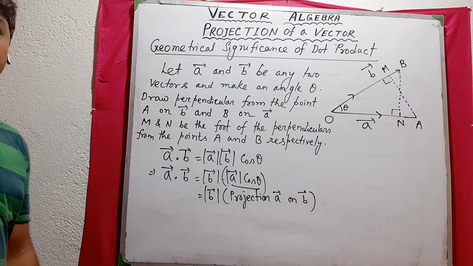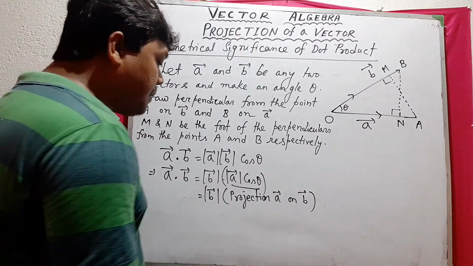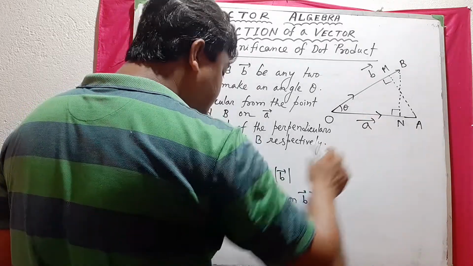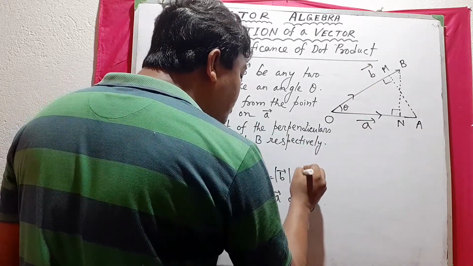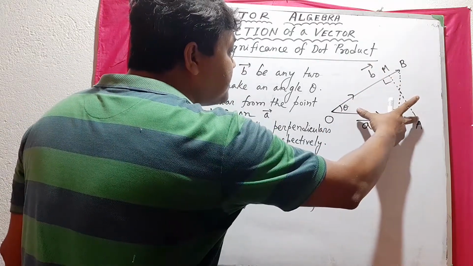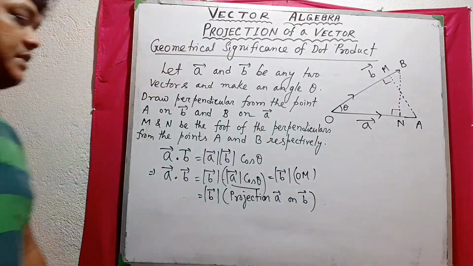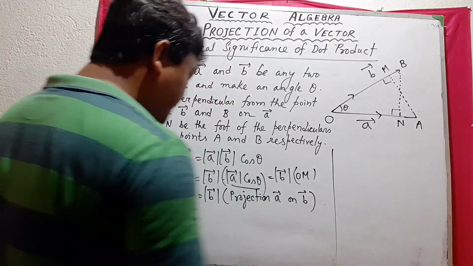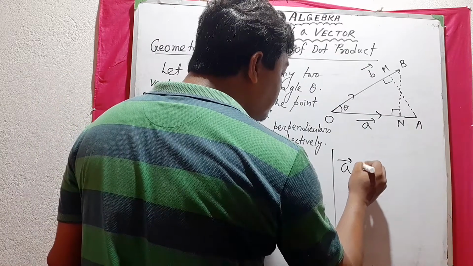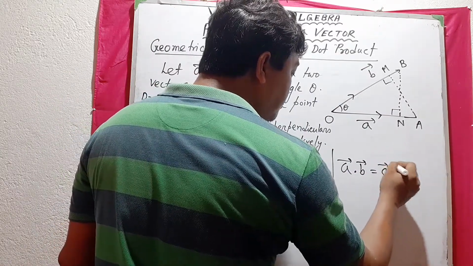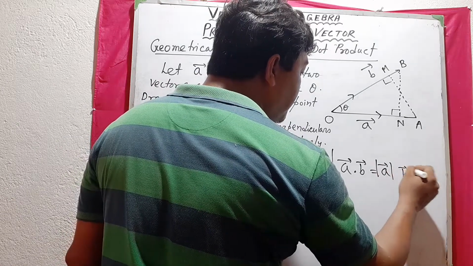So the geometrical significance of the dot product, I can write as mod of B vector into this projection, that is OM, the length of OM. This length is just the shadow of A falling on the B vector, the projection. Similarly, if we think of this part the other way, A dot B equals mod of A into mod of B cos theta.